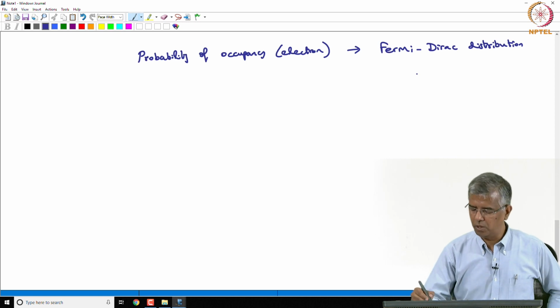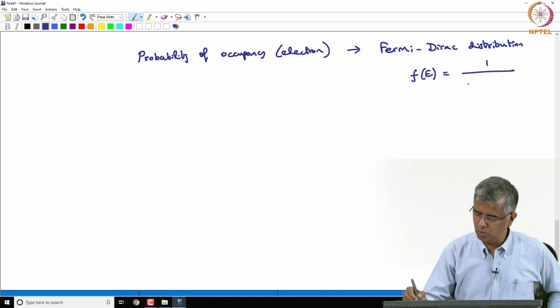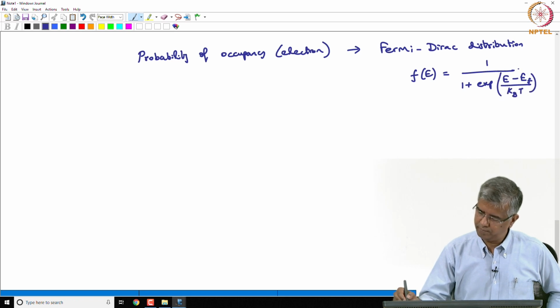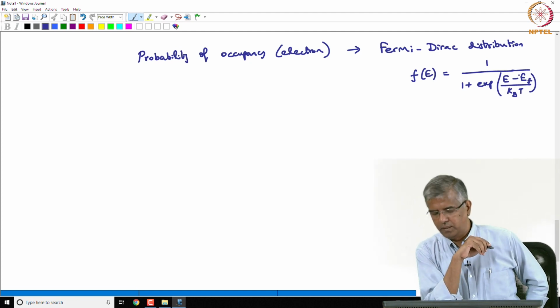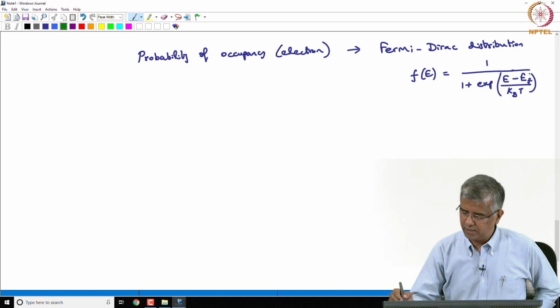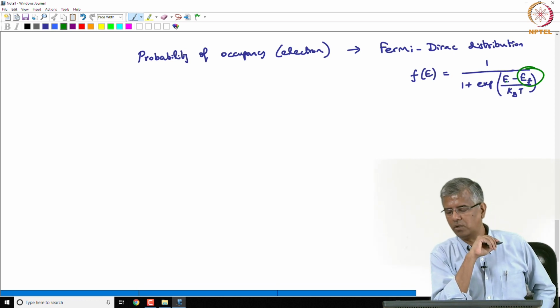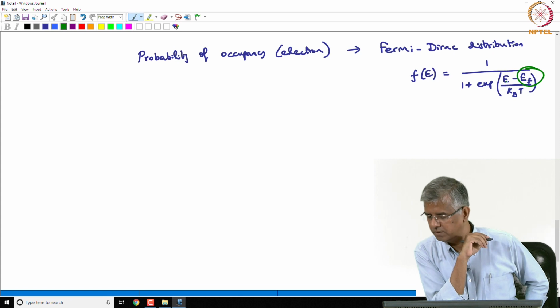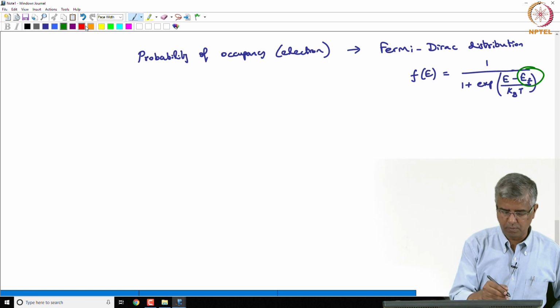Okay. So, what the Fermi-Dirac distribution says is f of E is going to be given by 1 over 1 plus exponential of (E minus EF) over kBT. Okay. So, in this we are introducing a new quantity that is called EF. So, what does that quantity mean? Now, we will just put this in perspective once again.